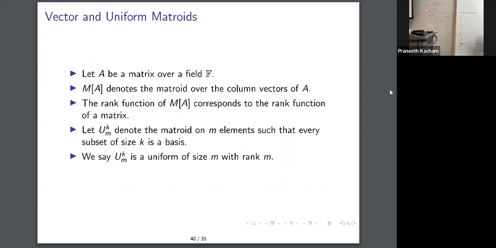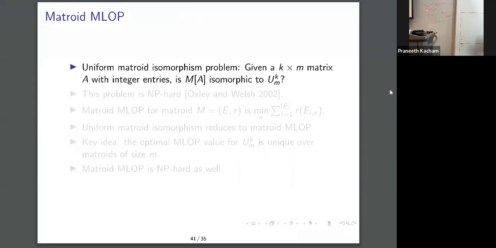A problem on matroids that is known to be NP-hard is to check whether the matroid is the same as the uniform matroid. The uniform matroid defines the function for each subset as the minimum of its size and k. So the independent sets are all subsets of size k for that matroid.